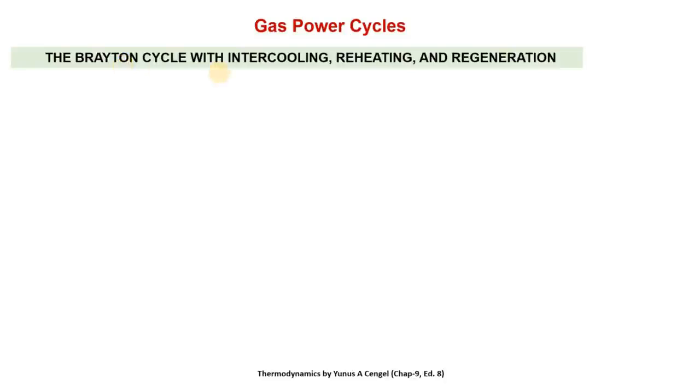Now, the basic idea behind these two processes we shall discuss. We have already studied regeneration. Now we shall discuss first intercooling and reheating. Let me draw the schematic again.